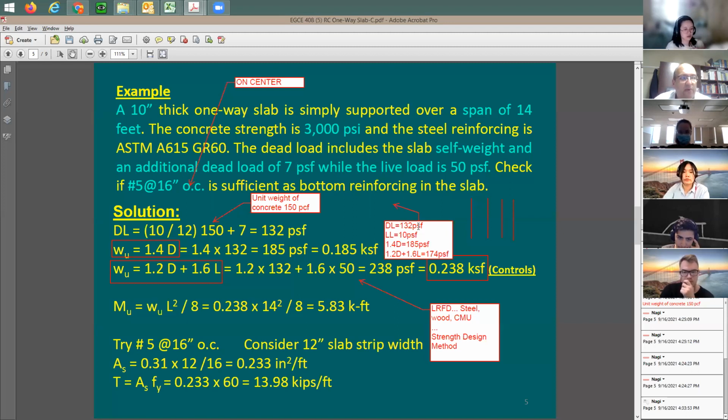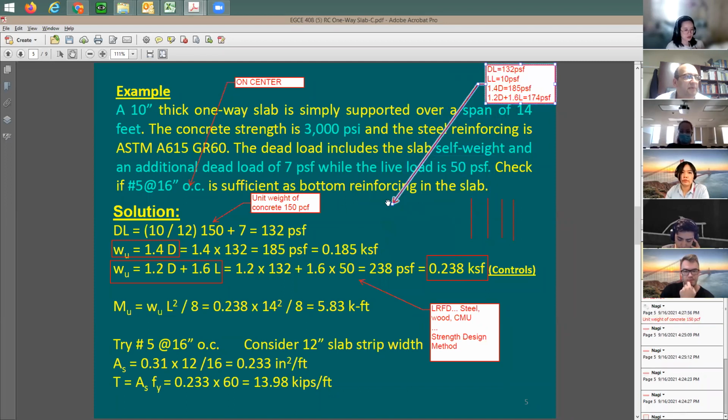Now you see which one controls? So the amount of live load is going to be very small. Your dead load combination is going to be controlling your design. So just one example here on the side. It's not really about our example here for the concrete slab design, but it is good that you understand why we need to try both of these two load combinations.